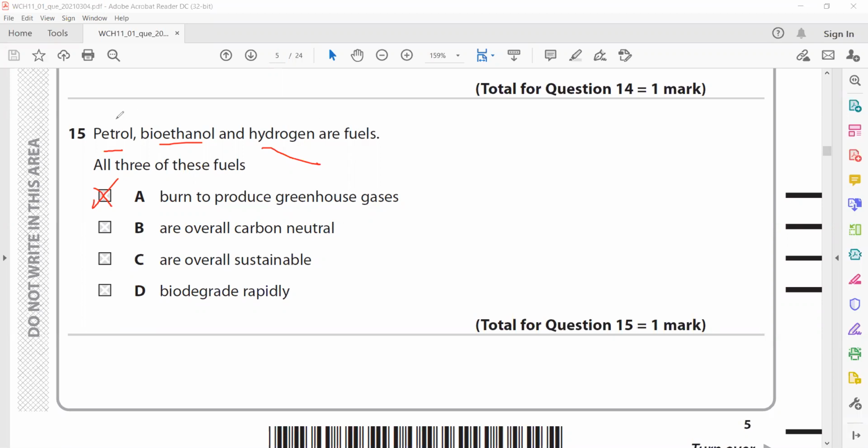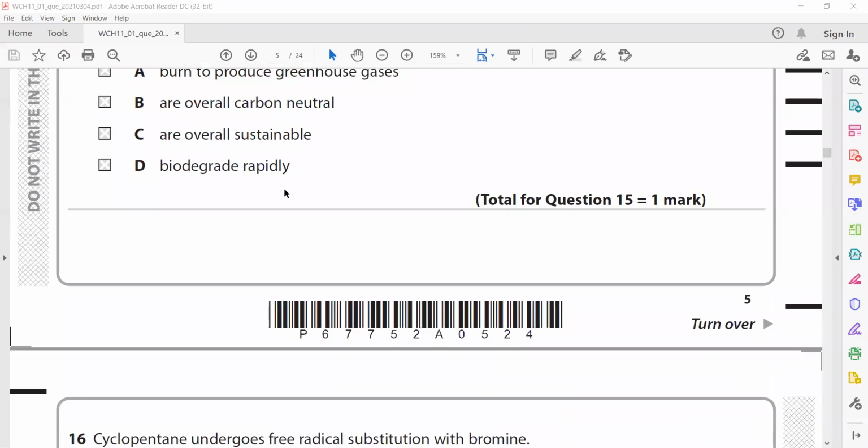They are not all overall carbon neutral because petrol is there. Overall sustainable means no, not all of them are sustainable. Biodegradable rapidly? They are not biodegradable rapidly, they remain in the atmosphere. So A was the right answer for this.